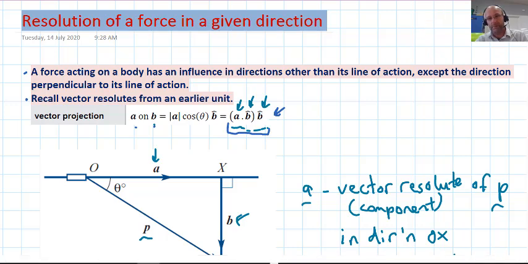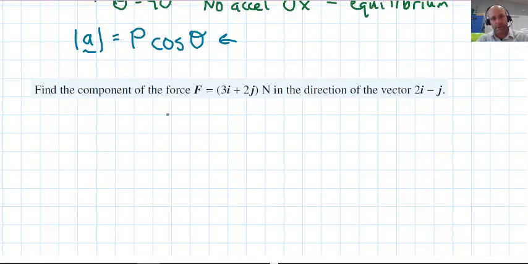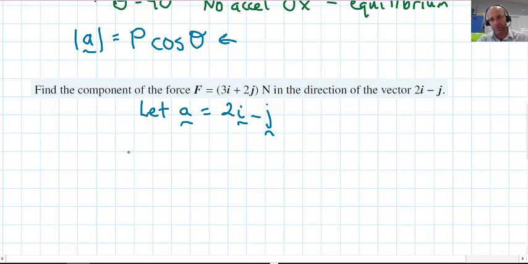So in this given example, we've got two vectors. I'm going to let that second vector 2i minus j, I'm going to call that a different name. Let's call it A. Find the component of the force vector F, 3i plus 2j newtons, in the direction of the vector 2i minus j.